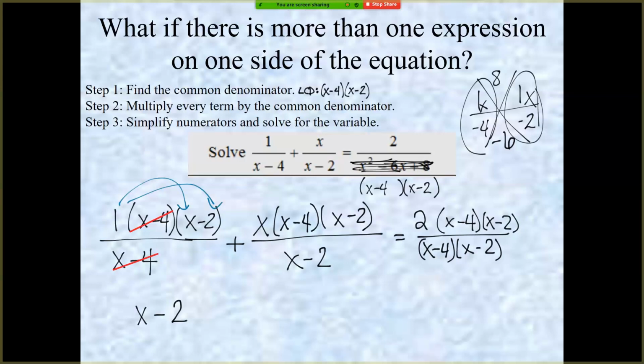For the second fraction, I can cancel the x minus 2 on the top with the x minus 2 on the bottom, which leaves me with x times x minus 4. Again, we're going to distribute x times x is x squared, x times negative 4 is negative 4x.